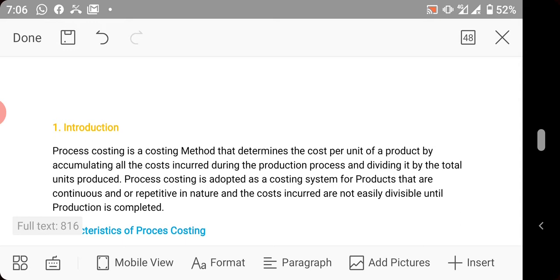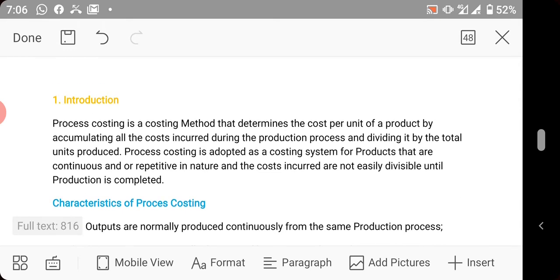Now, another type of costing method is continuous order costing. Continuous order costing is a type of costing system that is used where a product involves a repetitive process. You understand? Now, there are 2 major breakdowns of continuous order costing: process costing and service costing.